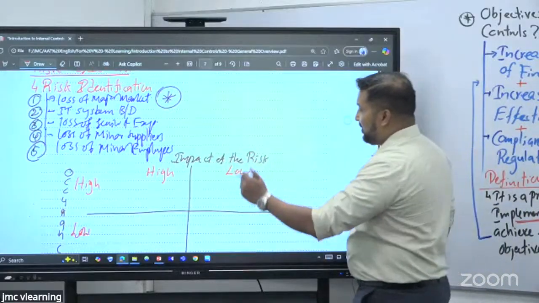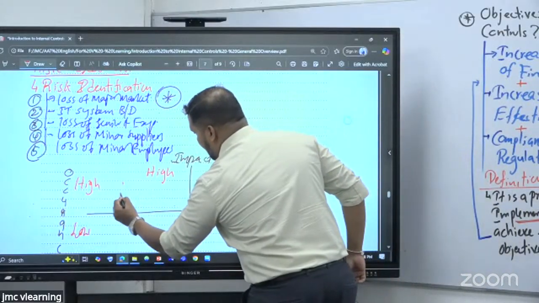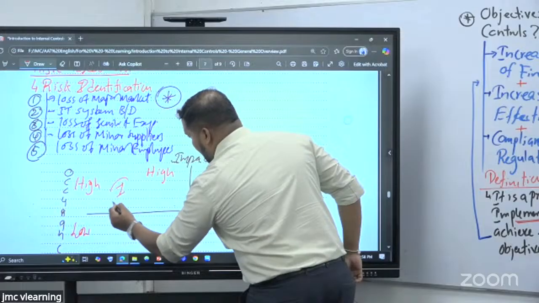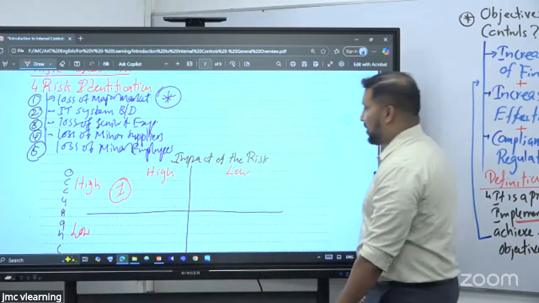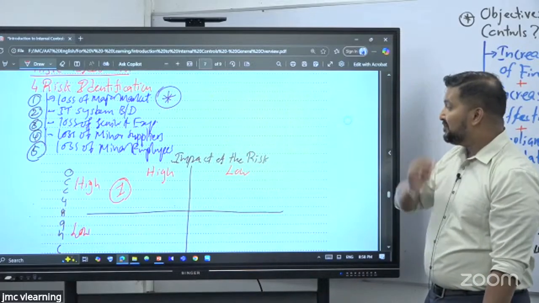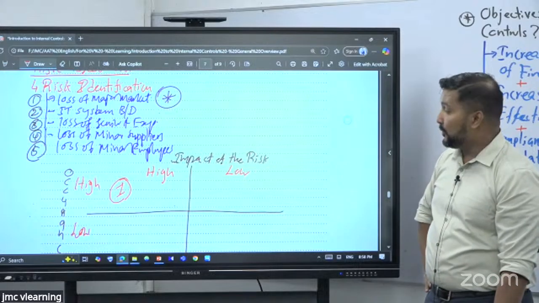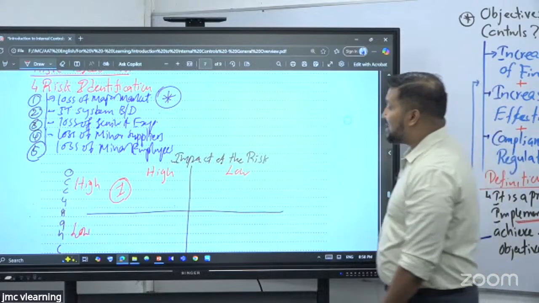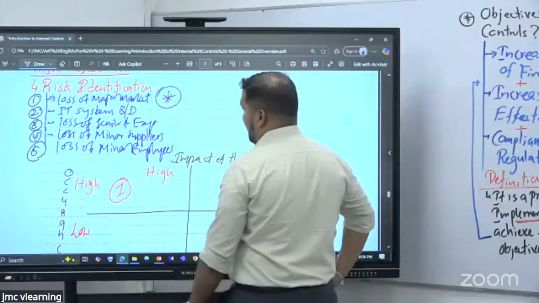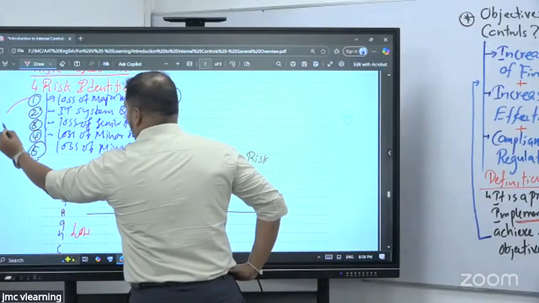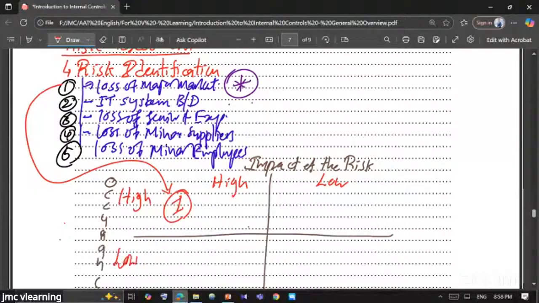Then I will be putting the risk here. The first risk I am putting here, so I'll put number 1 there. Clear? Are we clear on this? Yes, yes, yes.